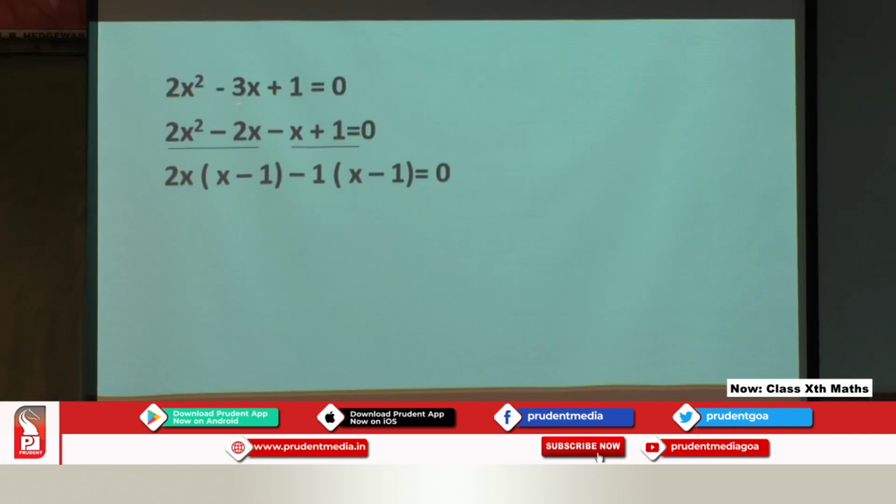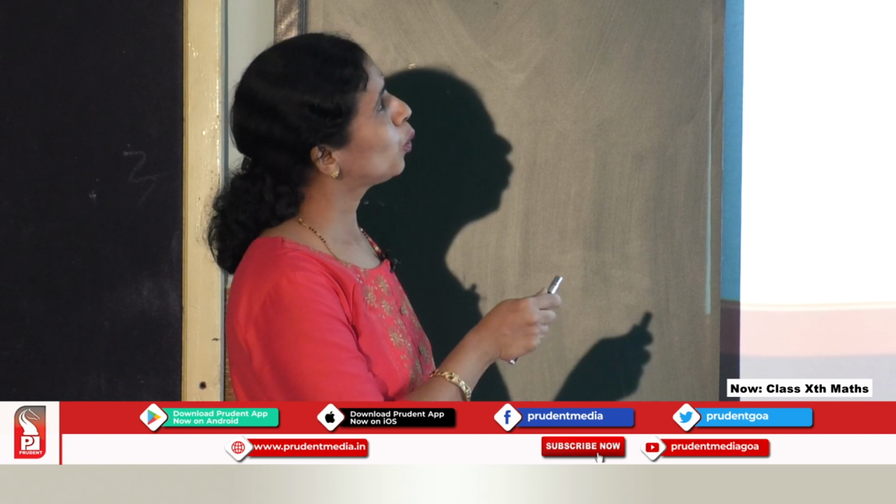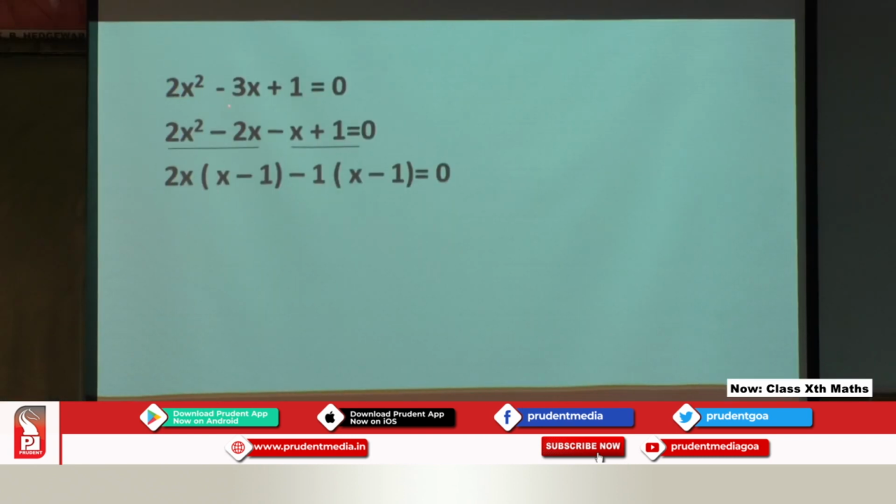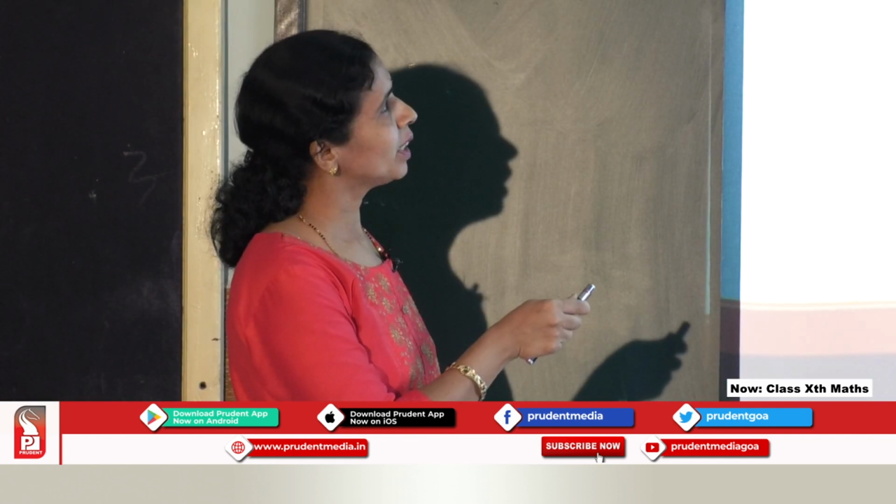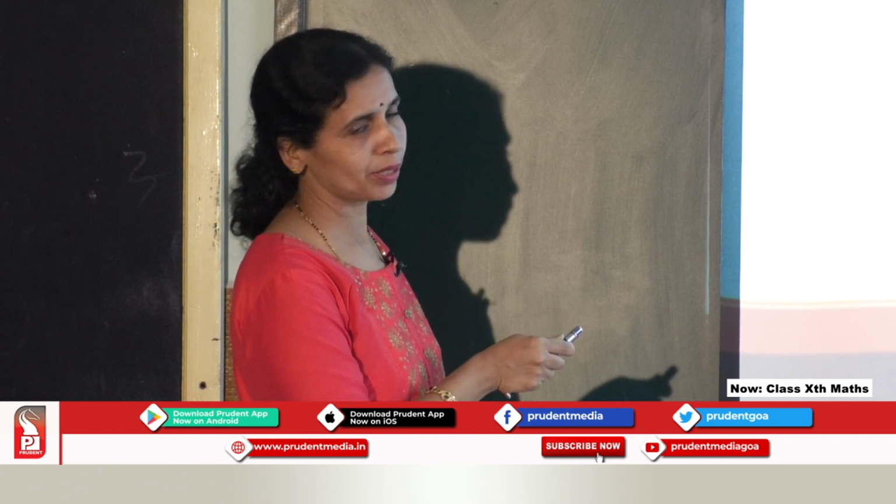The first term is 2x square, the last term is plus 1, and the product is 2 ones are 2x square. If we either subtract or add, we should get the middle term minus 3x.